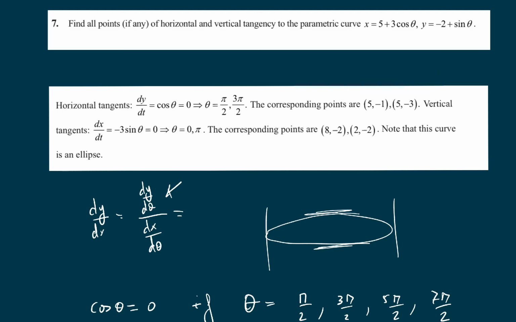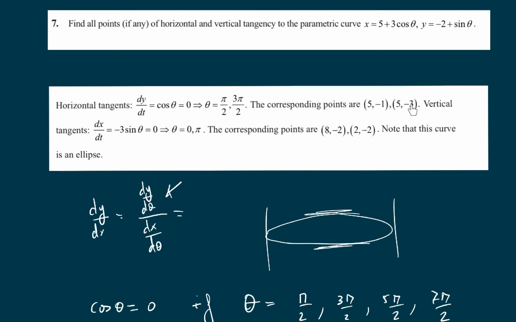plus 1, minus 1. For theta equals 3 pi divided by 2, cosine of 3 pi divided by 2 is 0, so the x is again 5, and the y for theta equals 3 pi divided by 2, sine of 3 pi divided by 2 is minus 1, so minus 2 minus 1 is minus 3.